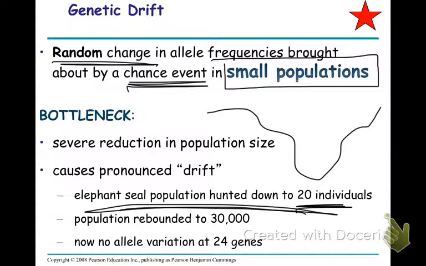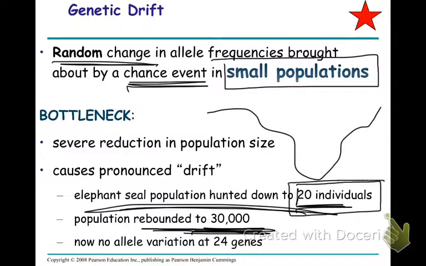So now, after so many years, like 10, 15 years, the population has rebounded to 30,000. But remember, all of the genes that these 30,000 seals have come from a hand-me-down of these 20 individuals, which means previously there might have been 1,000, 20,000, 12,000, 14,000, whatever number. They might have had more variations, but all of those variations are gone. What is left is just these 20 individuals.